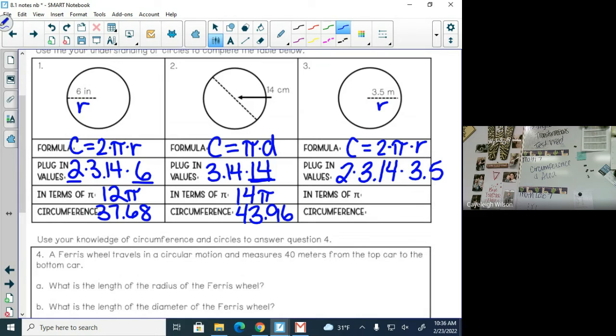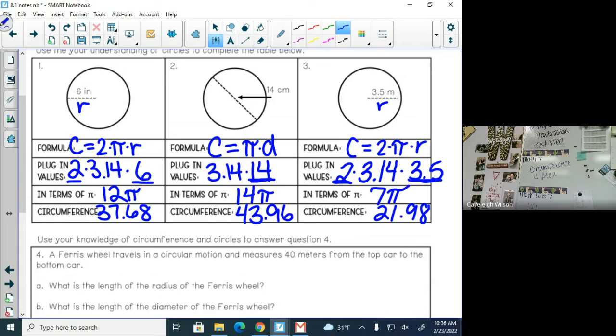And Ramon, what'd you get? 21.90. In terms of pi, I multiply the 2 numbers that are not pi. So 2 times 3.5 is 7, so 7 pi. Like I said, if you don't understand in terms of pi, not a huge deal. You really need to make sure that you understand which formula to use and how to get the answer.